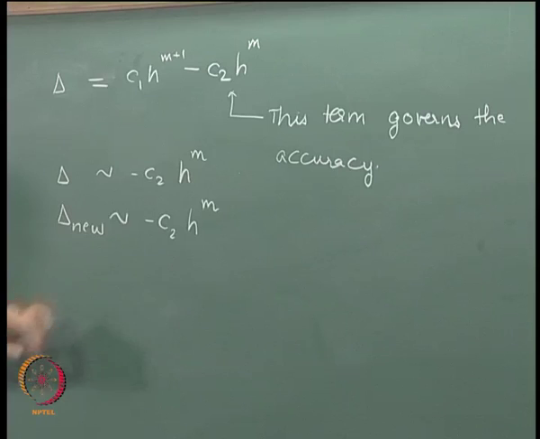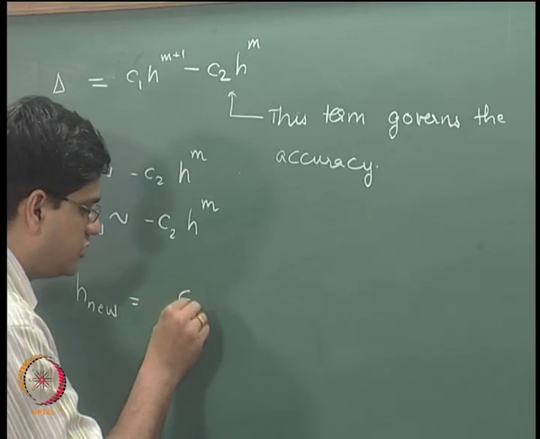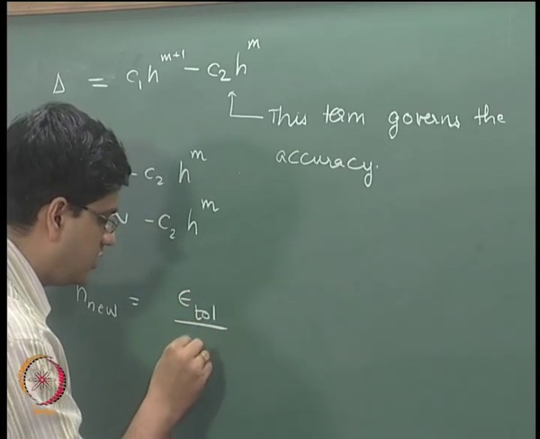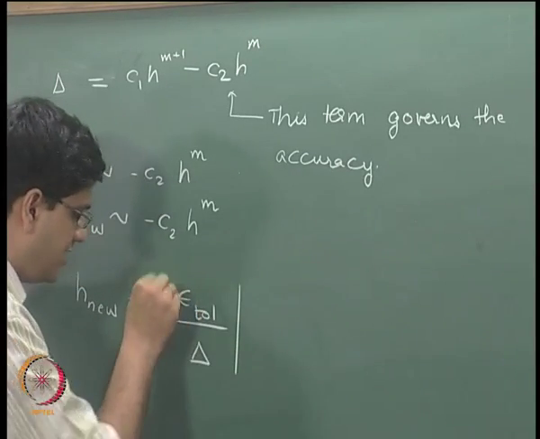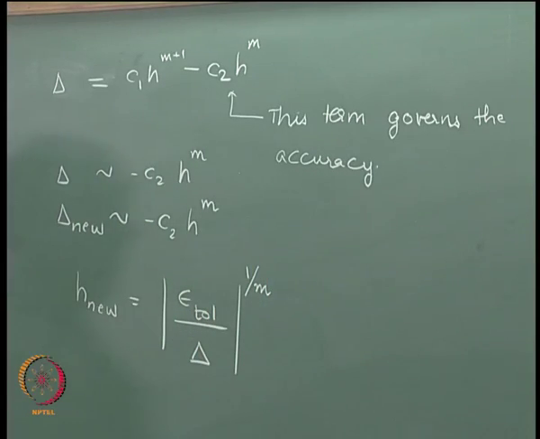Okay. And then when we take the ratio between the two and use the same manipulations as we have done before, what we are going to get is that the h new that we have to choose is going to be equal to epsilon tolerance divided by the absolute value of delta, raised to the power of 1 by m.